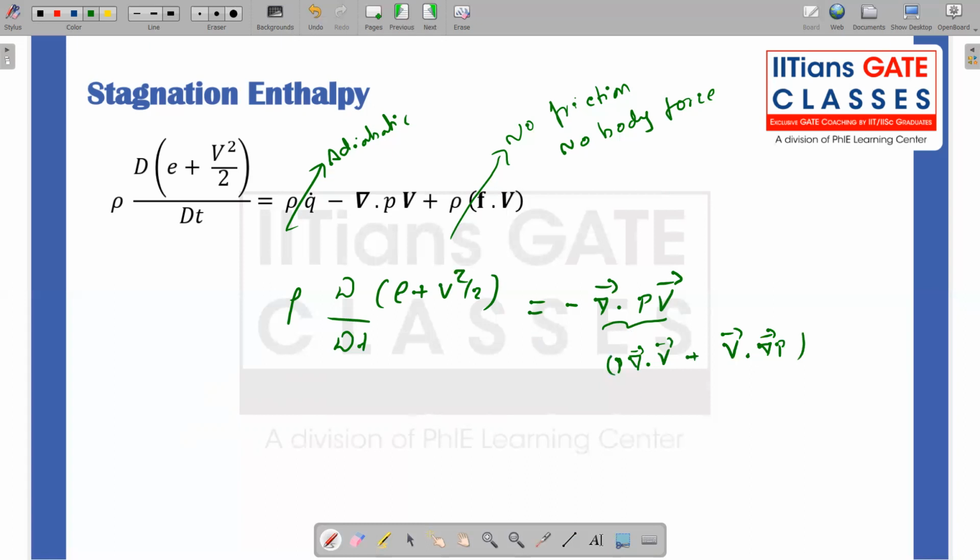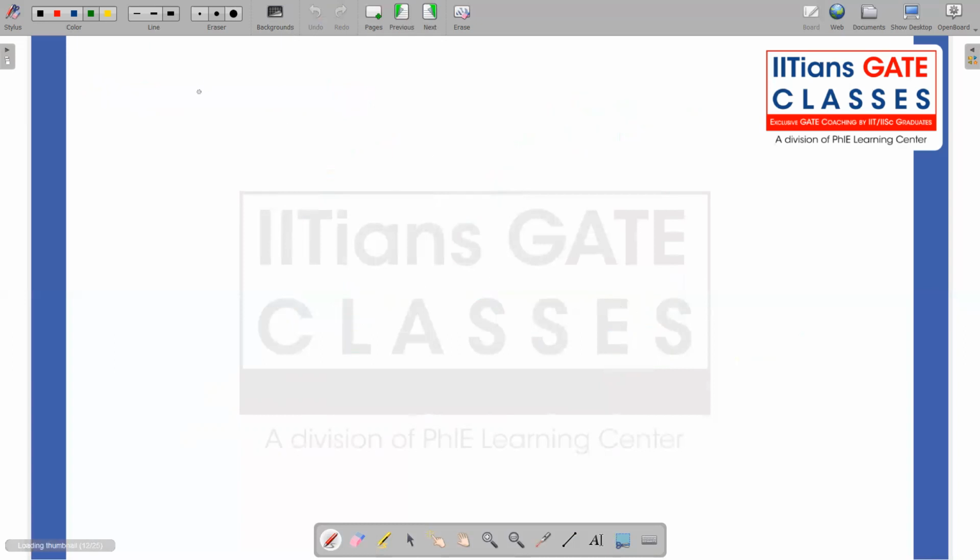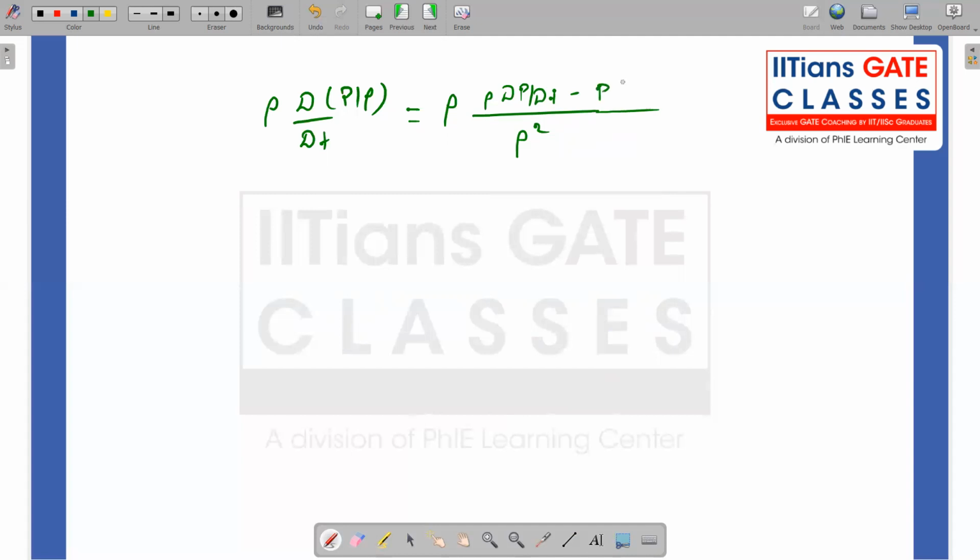Now I am going to define one more term, that is rho times d/dt of (P/rho). That is equal to rho times the U by V form, so that gives me rho into dP/dt minus P into d rho/dt.